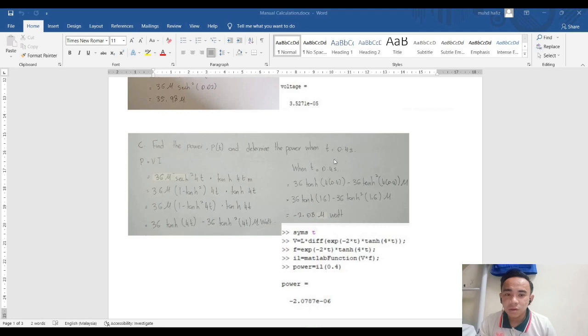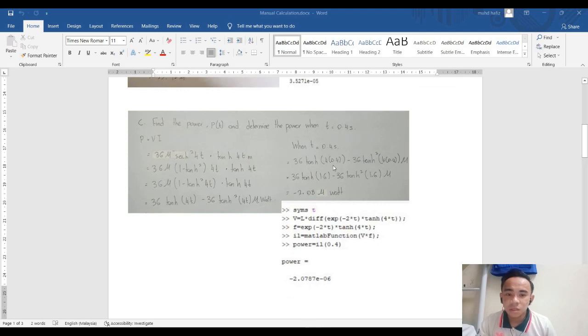To find t equal to 0.4, we substitute 0.4 for t, and we get negative 2.08 microwatts.